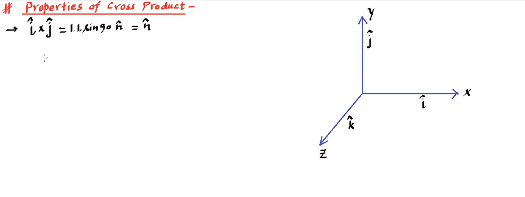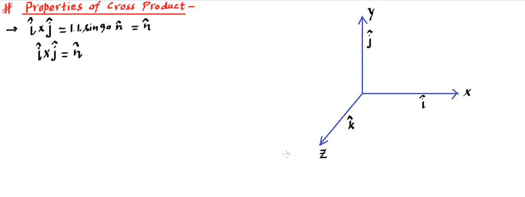Now if we are finding the direction of i cap cross j cap, how to find the direction? We need first of all this vector, which is equal to n cap. That means this n cap has to be perpendicular to i cap and perpendicular to j cap, that means perpendicular to this whiteboard.